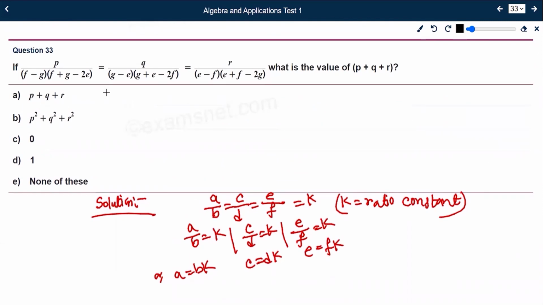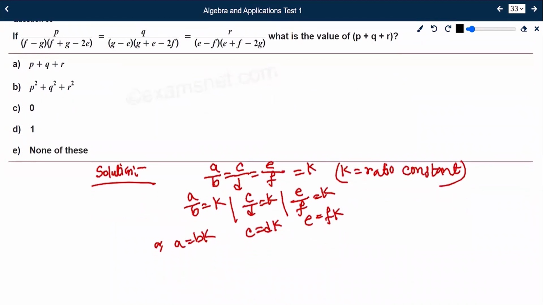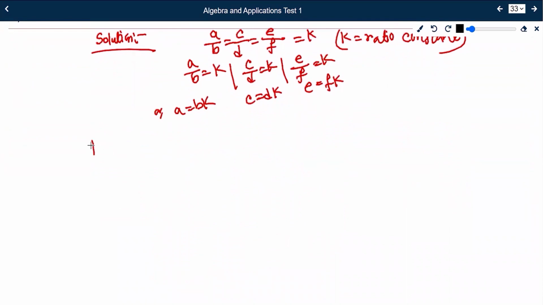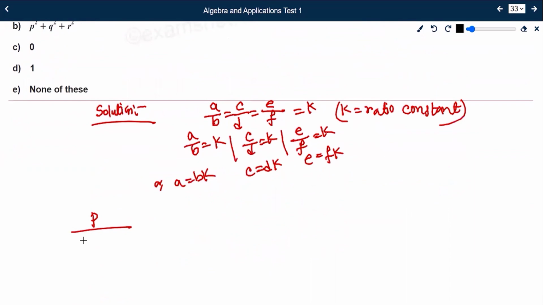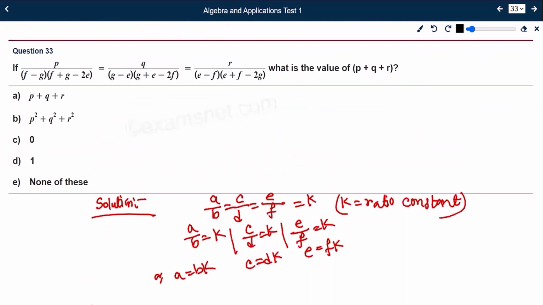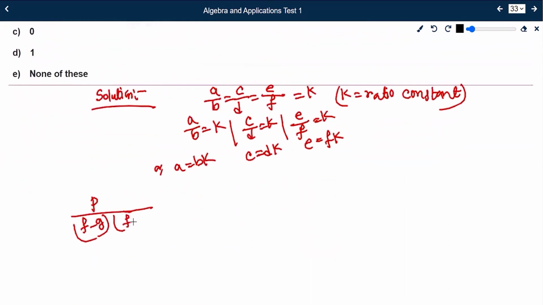So let's say these three ratios are equal to k, where k is the ratio constant, correct? That means I can write p by (f minus g, f plus g minus 2e) equals k. So we can write p in terms of this value: p equals k multiplied by (f minus g)(f plus g minus 2e).